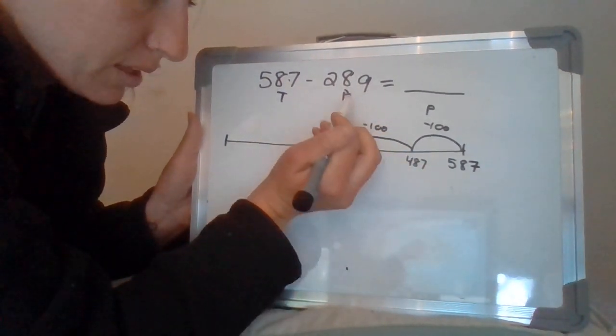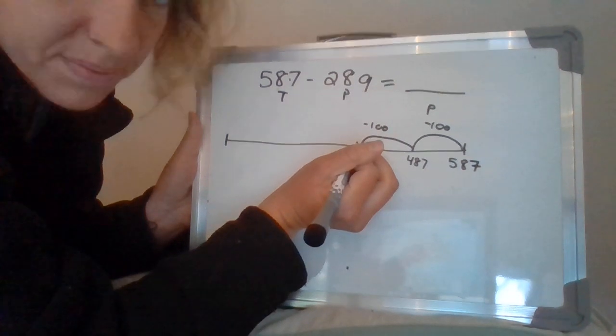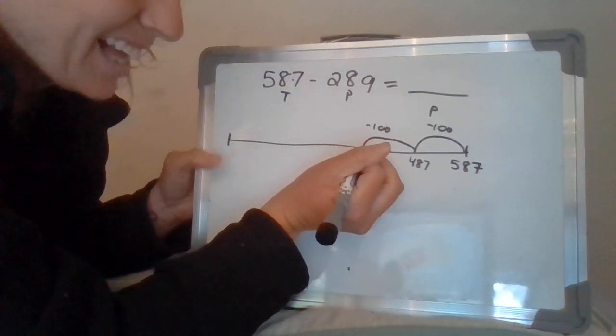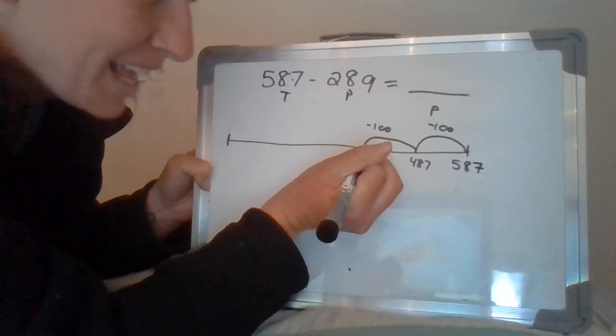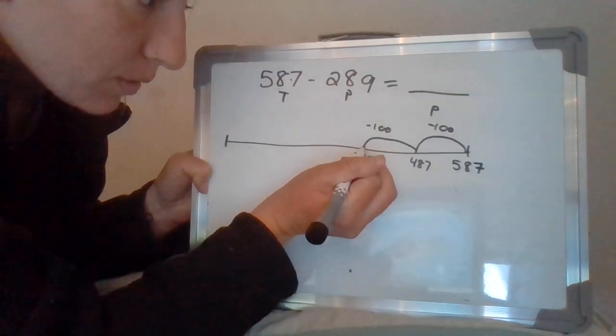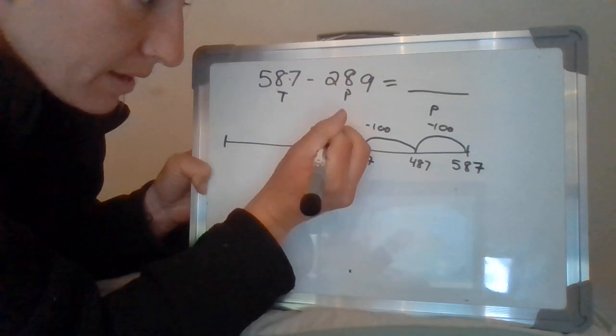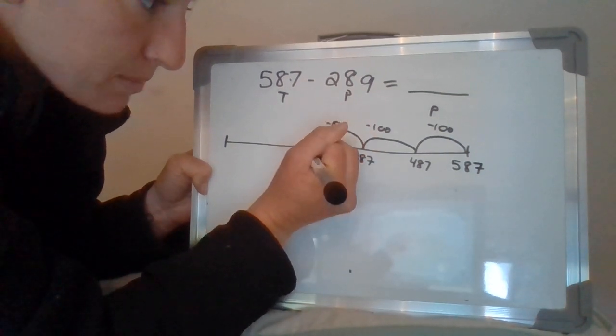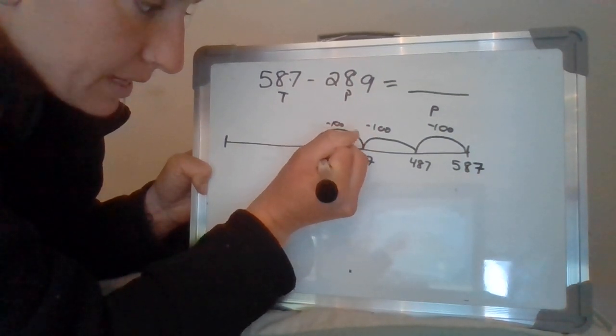Now, can I take away another 100 and get to 287? Well, I can, but then I'd have to do another hop back. So I can go like this, 387 minus one more 100 is 287.